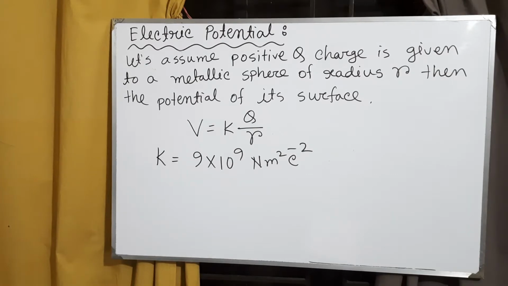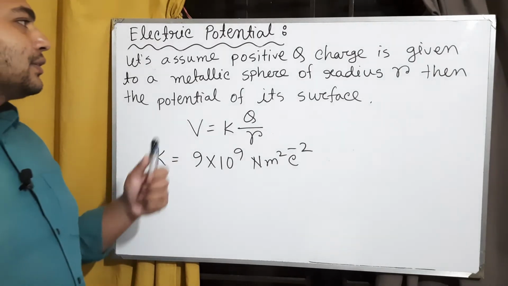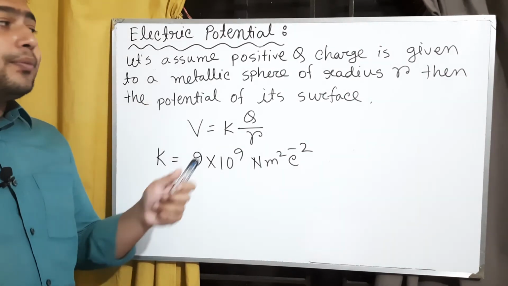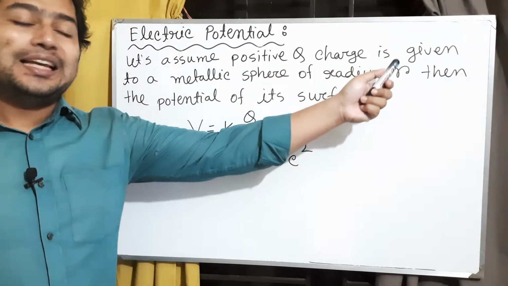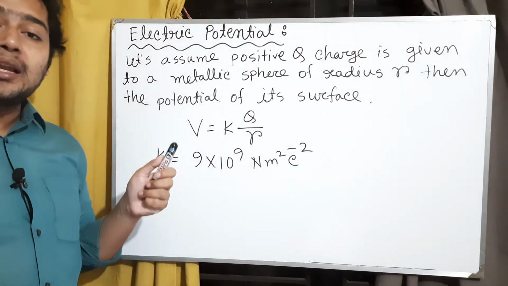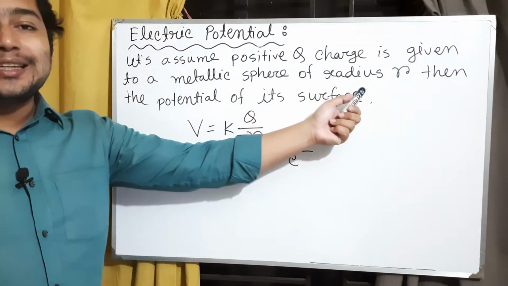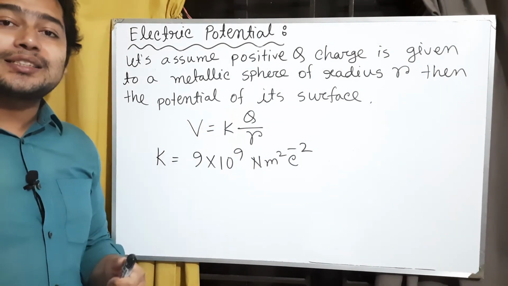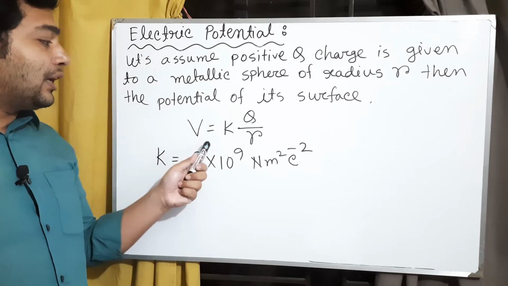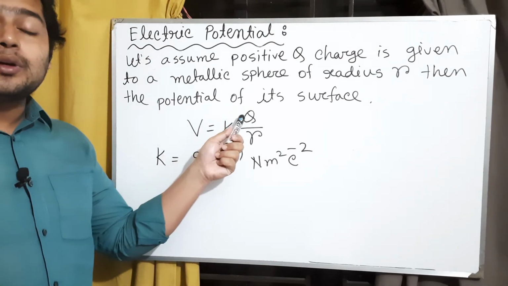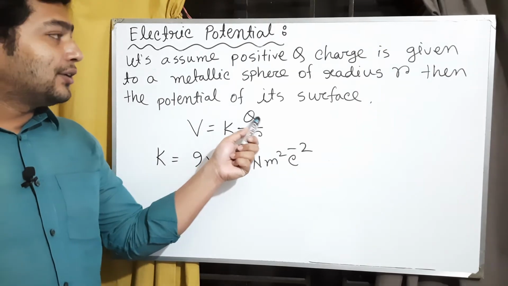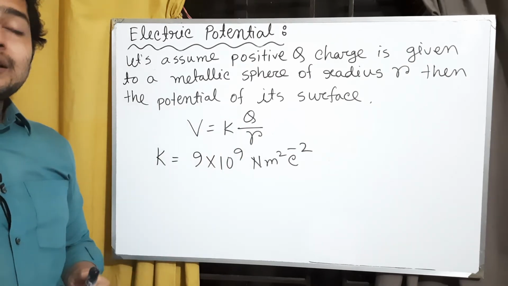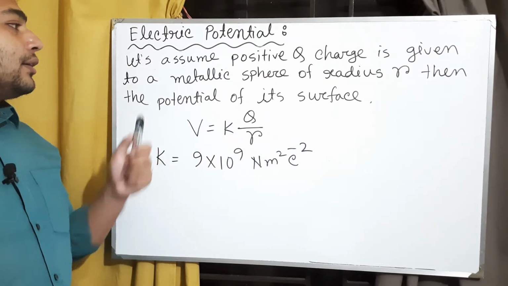Again, if we want to determine the potential for a sphere, let's assume a positive Q charge is given to a metallic sphere of radius r, then the potential of its surface will be V equal to K into Q by R. Here Q is the positive charge and R is the radius of the sphere.